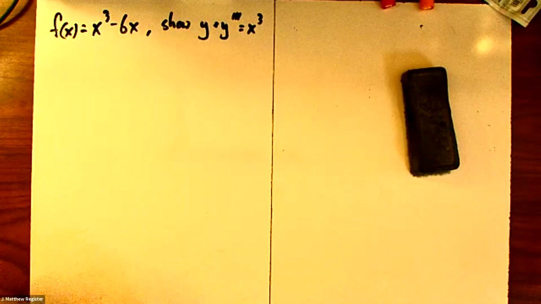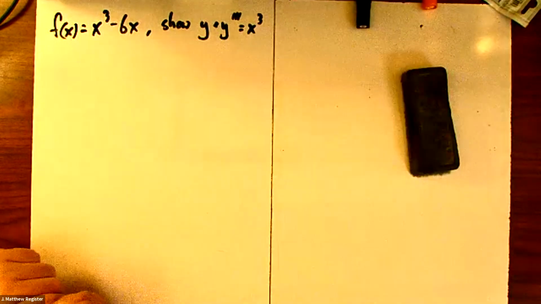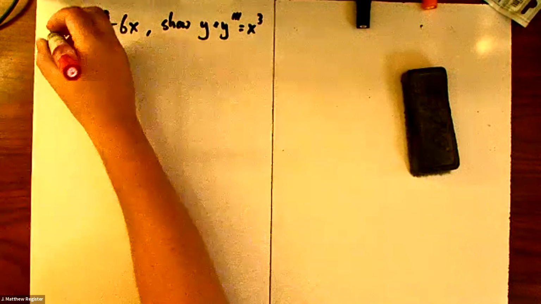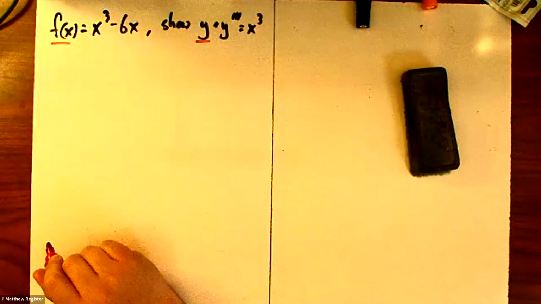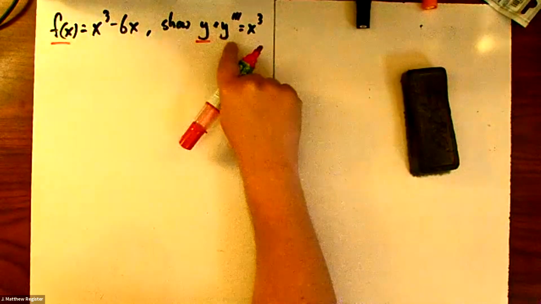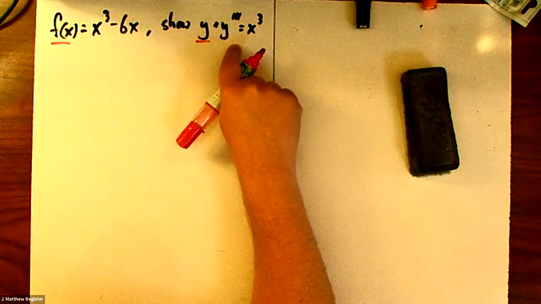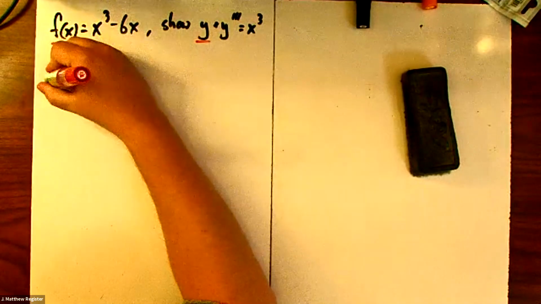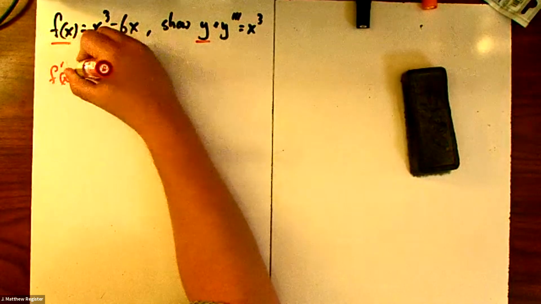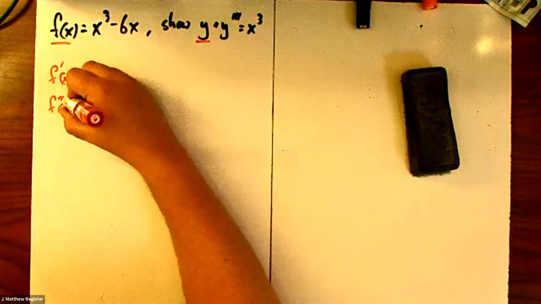And I'll do this one using a shortcut just to make life a little bit easier. And so we know what our function is. And so this function f of x is corresponding to y. What we still need to figure out is what y triple prime is. And that means we would have to take the derivative of this function to figure out what f prime of x is. And then we need to figure out what y double prime of x is.